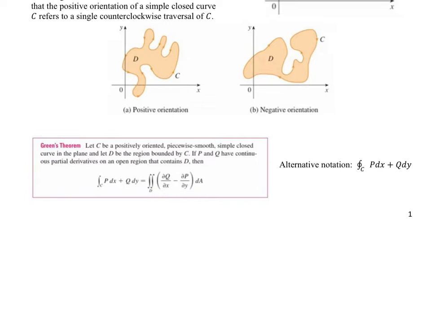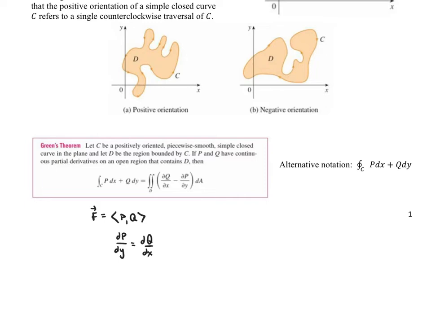Now, if you remember from what we had talked about in the last section, your vector f is going to be made up of p and q. Now, if you remember, if it's conservative, the derivative of p with respect to y is equal to the derivative of q with respect to x.